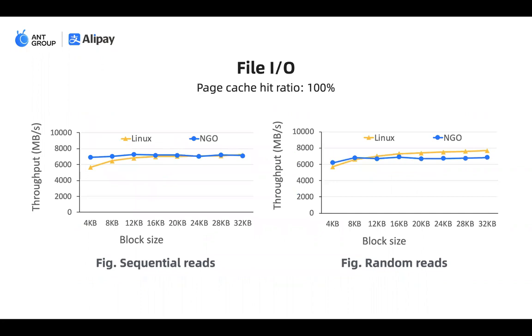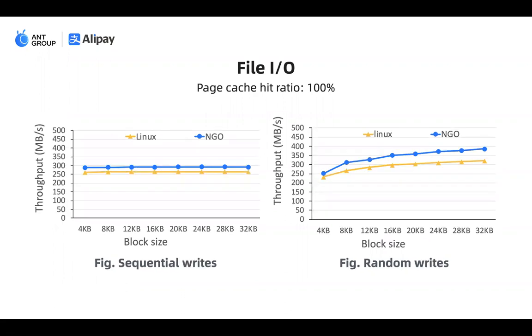And this is file I/O. Since the page cache has a great effect on file I/O performance, we need to separate two cases: when the page cache is all hit, or when it is all miss. When the page cache is all hit, Linux and NGO performance are very close, since the file I/O is basically just memory access.